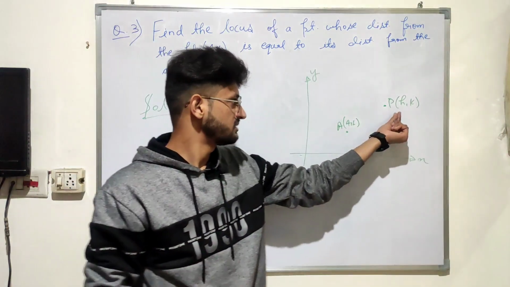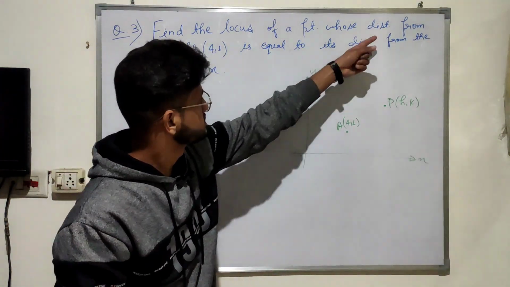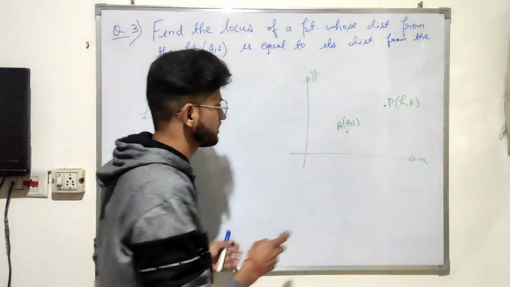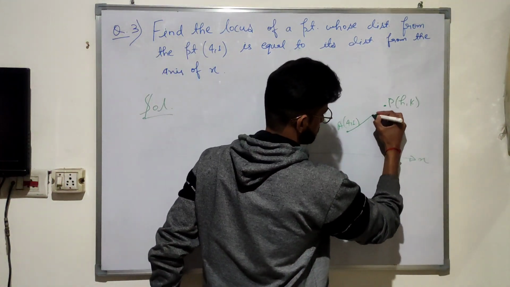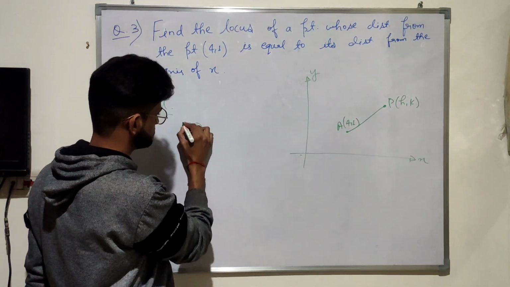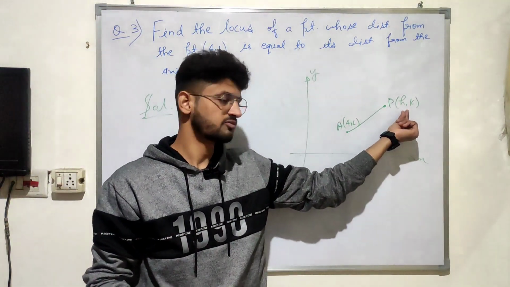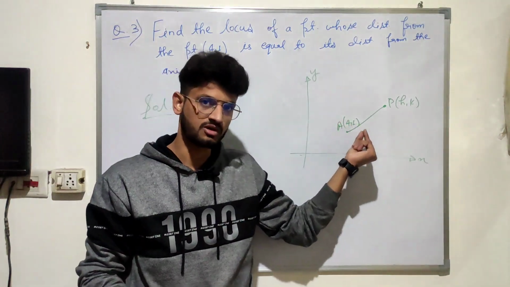So we have assumed our point P to be this one, and it is given that the distance from point (4, 1), that is AP, is going to be equal to the distance from the x-axis. So we have taken the distance of this moving point (h, k) from point A, that is (4, 1).